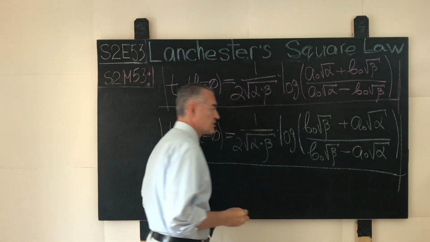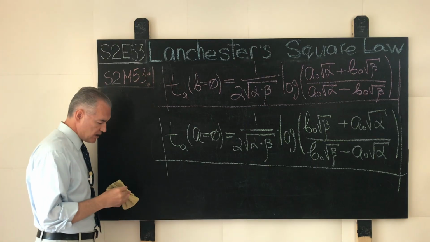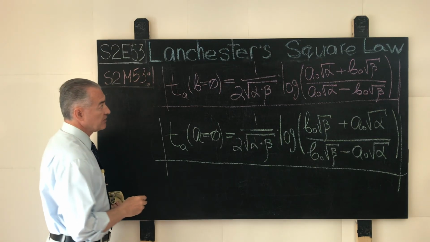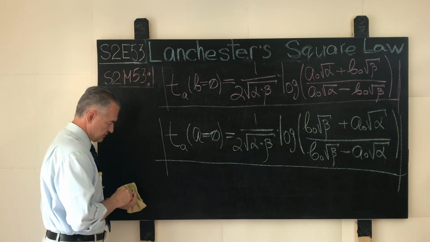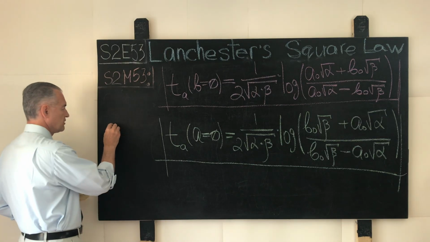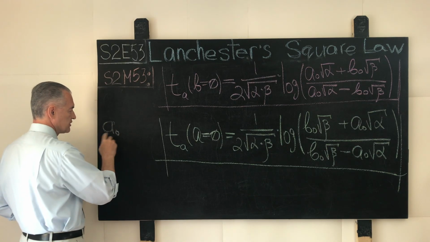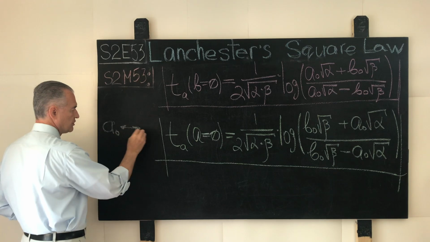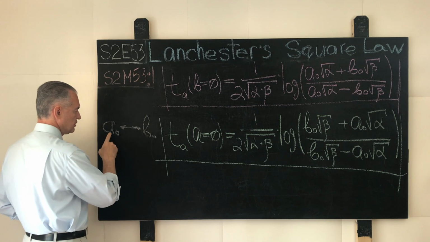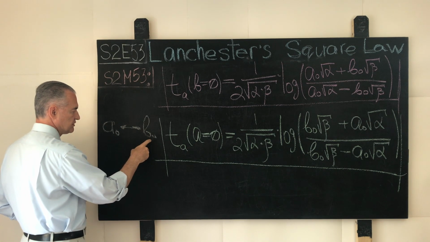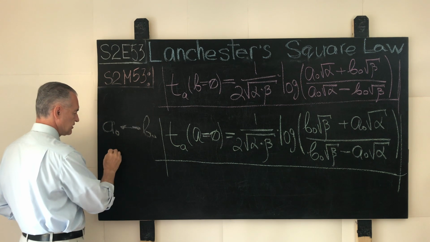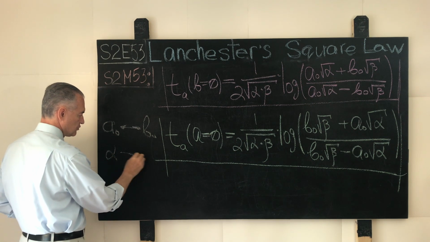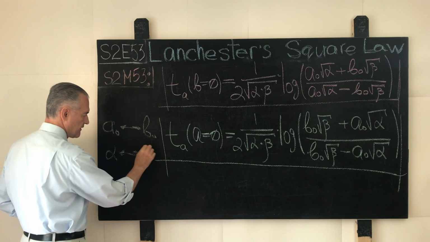these equations. What happens if, for example, let's see, the different cases to analyze. You want to juxtapose A0 against B0 to see if A0 is greater than B0, equal to or less than, and then you want to juxtapose alpha against beta.